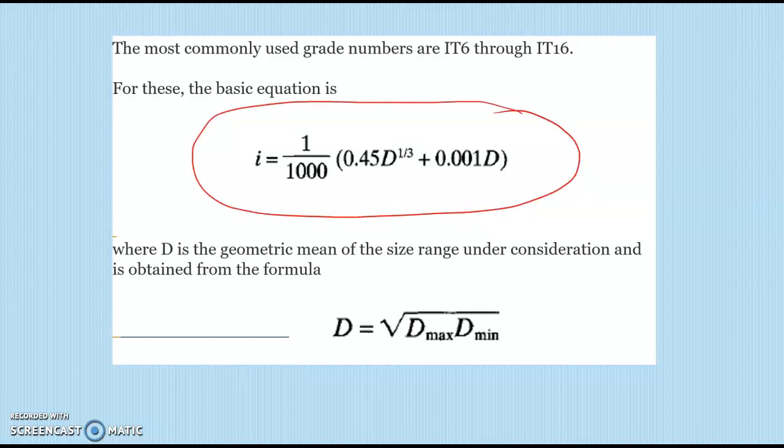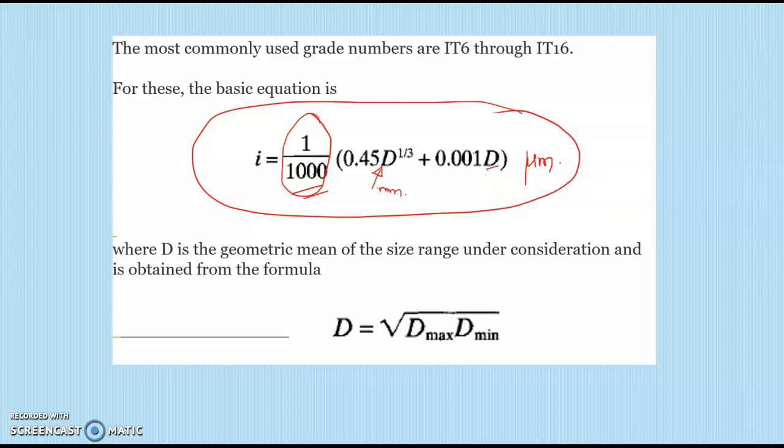i is equal to 1 by 1000 into the cube root of 0.45d plus 0.001d. In this equation, 1 by 1000 is used for converting into micrometers, so the final answer will be in micrometers. Since 1 by 1000 is used, we substitute d in mm.